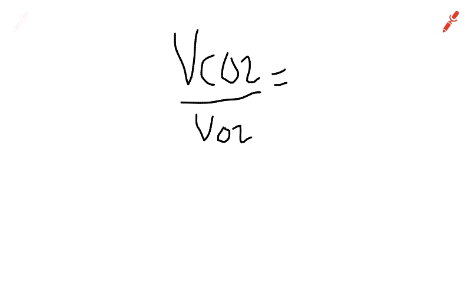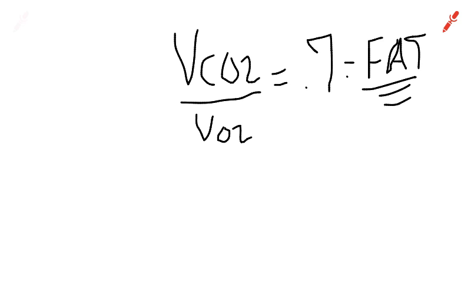Now if it's 0.7, that means you're burning mostly fat. It could be at rest also, but that means you're burning mostly fat. And of course, that will be a simple question. If you're burning mostly fat, that means you're doing very non-strenuous exercise.